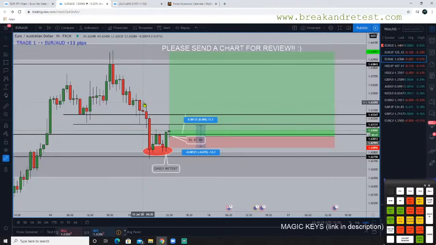This has a lot more potential to go to the upside. A lot more potential. See, it's a daily break and retest too. It can still continue. This is just the process until it does.